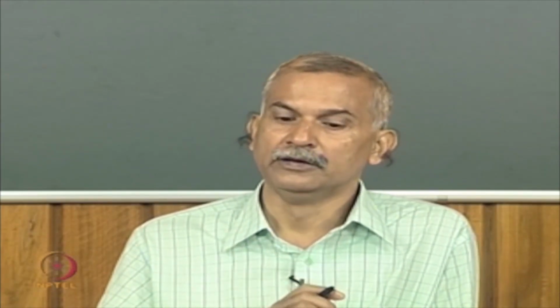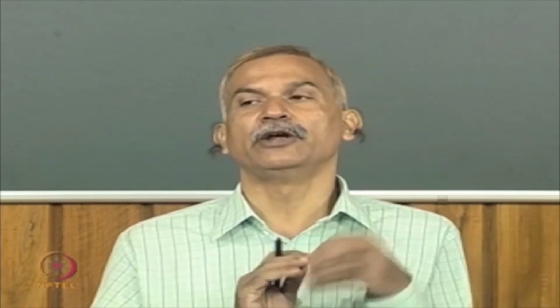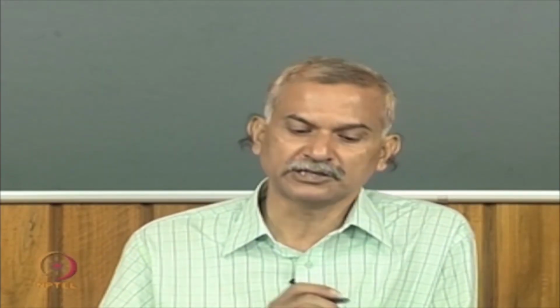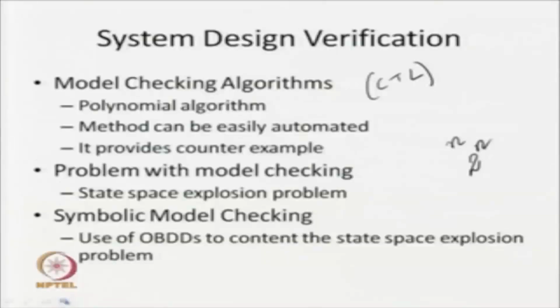So, by using OBDDs, we come up with another model checker, which we call the symbolic model checker. In a symbolic model checker, we use OBDDs to represent our state space, and we are somehow containing the state space explosion problem. We are restricting the explosion of the state space. So, these are the things that we have discussed in this part.